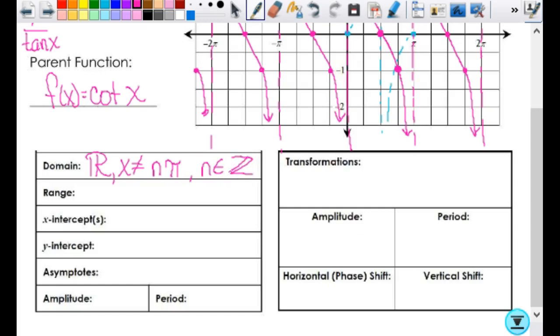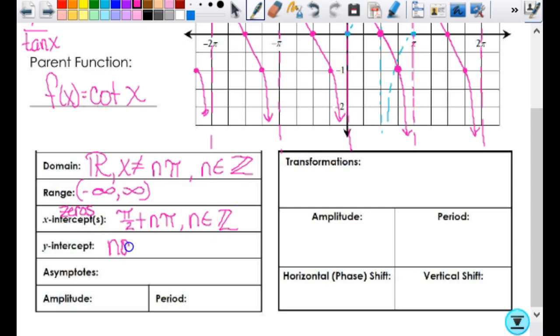Their range is -infinity to infinity. The x-intercepts, I have a bunch of those. They start at pi halves, and then it happens every pi after that. So we're going to call them the zeros, so that makes it nicer. And we get pi halves plus n pi, where n is an element of the integers.